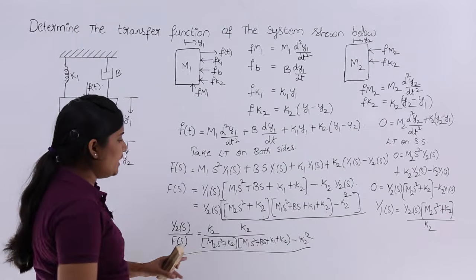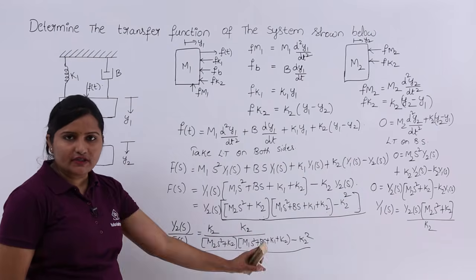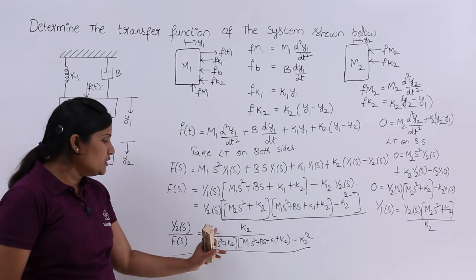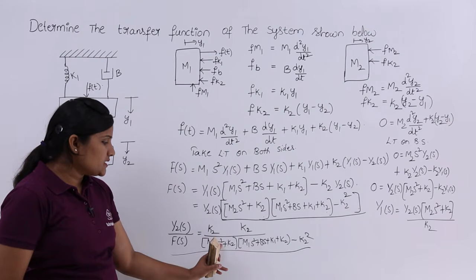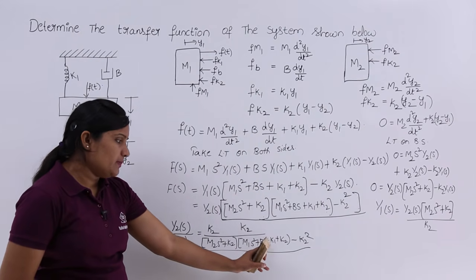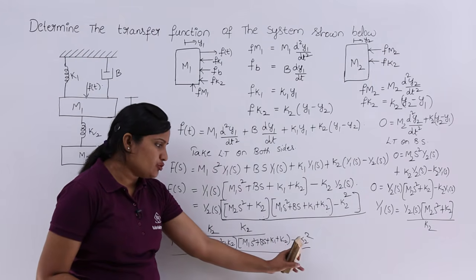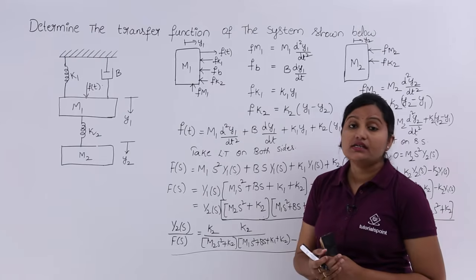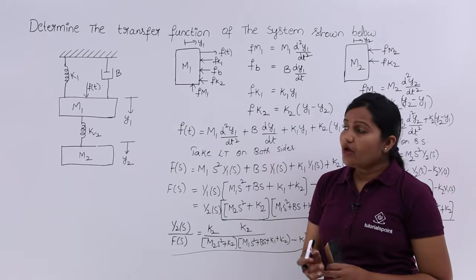So this will be the transfer function of the system given. Y2 of s by f of s is k2 by (m2 s square plus k2) into (m1 s square plus bs plus k1 plus k2) minus k2 square. This will be the transfer function of the mechanical translational system given.